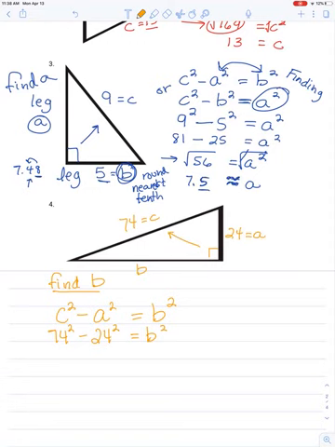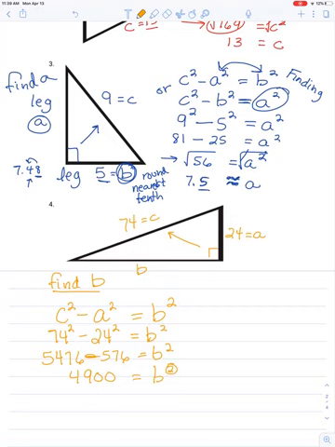74 squared is 5,476 minus 24 squared. Oops, I don't know what happened there. That's subtraction. All right, 24 squared is 576 equals b squared. Okay, let's subtract these two, and we're going to get 4,900 equals b squared.